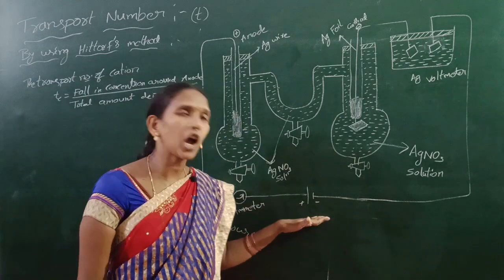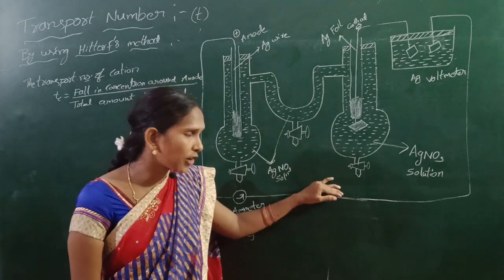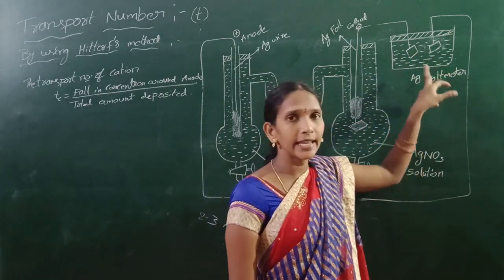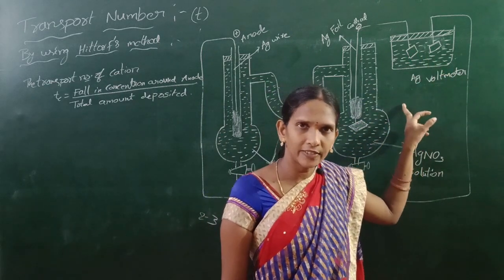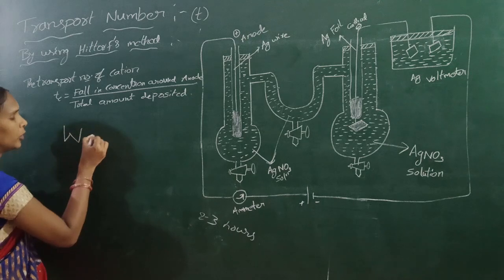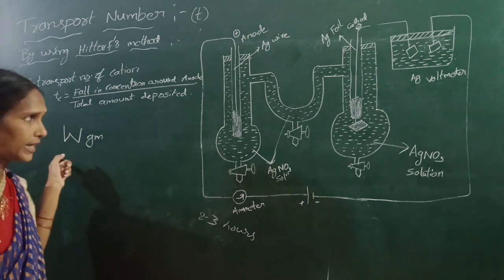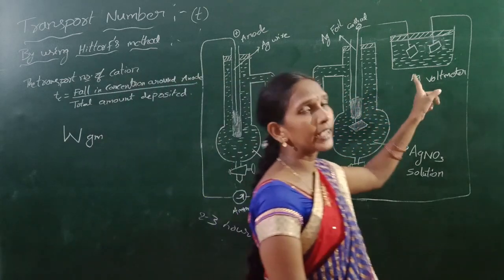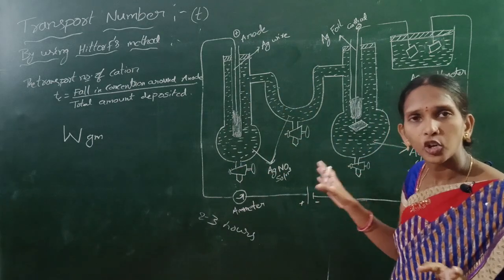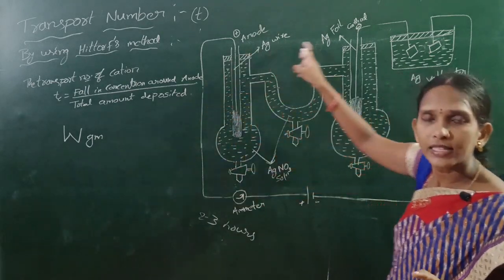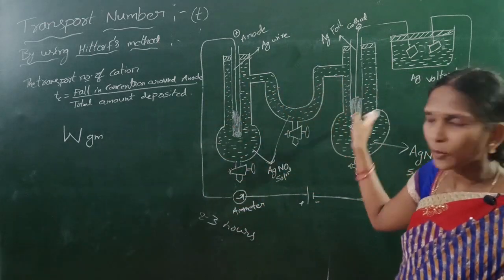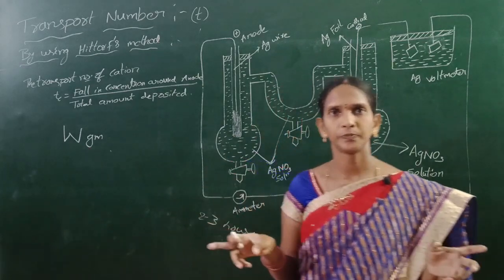After completion of electrolysis, some amount of silver is deposited in the voltmeter. That is capital W grams. This indicates the total amount of current passed through the apparatus.